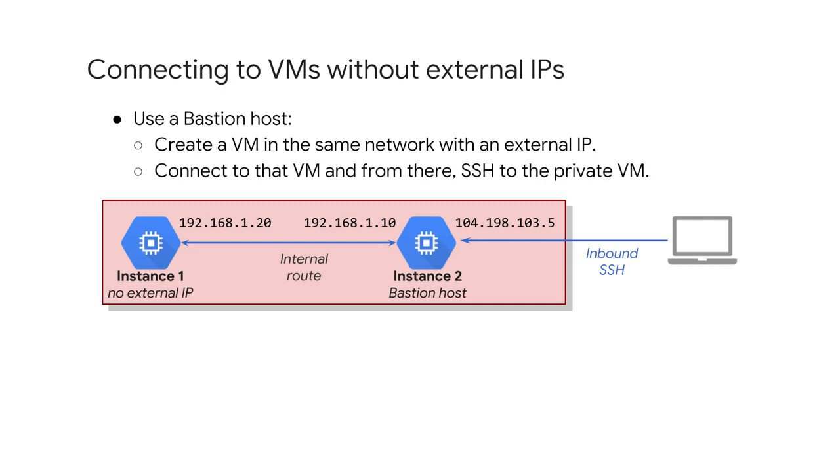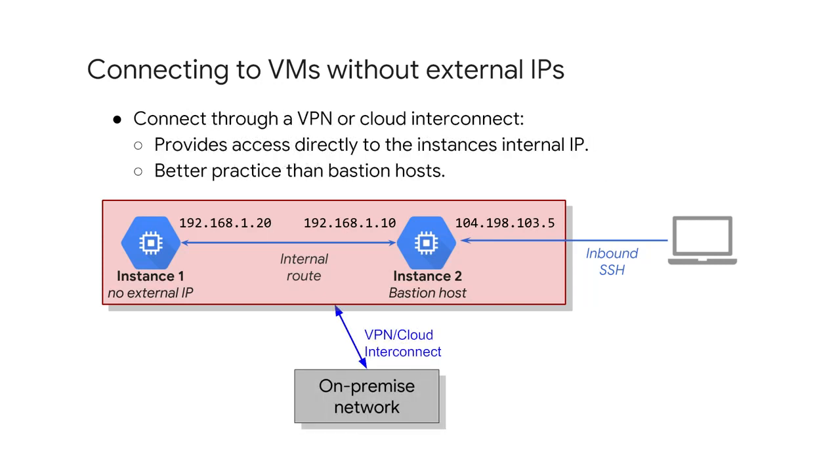Then connect to the Bastion host and from there SSH to the private VM. Be sure to harden the Bastion host and ensure the firewall rules limit the source IPs that are able to connect to the Bastion host and then only allow SSH traffic to private instances from the Bastion.